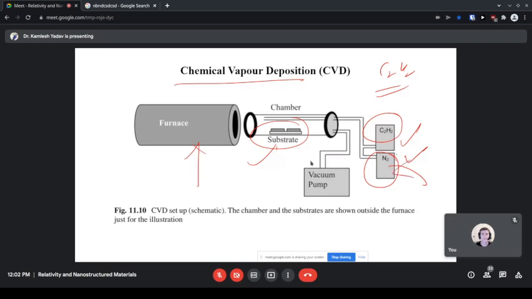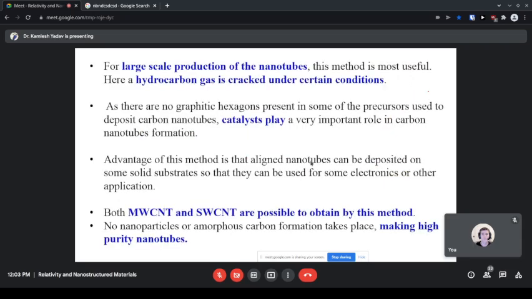In order to reduce the reactivity, because this is at very high temperature, we use inert nitrogen, and then using a vacuum pump we can remove oxygen, and then we can pass these materials, and in this furnace there will be breaking of this C2H2, and that will lead to the formation of carbon nanotube inside that muffle furnace.